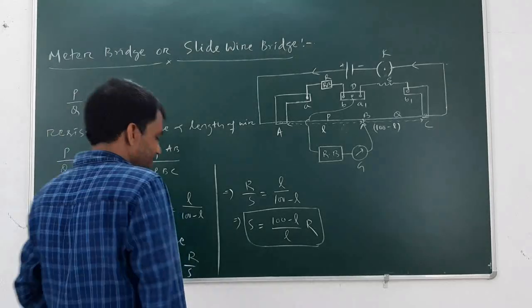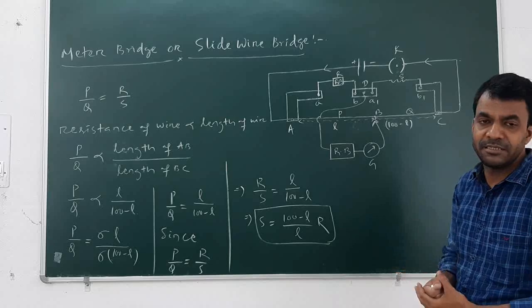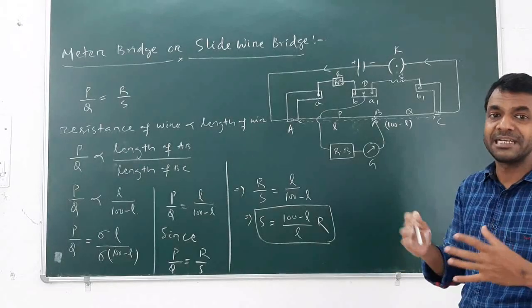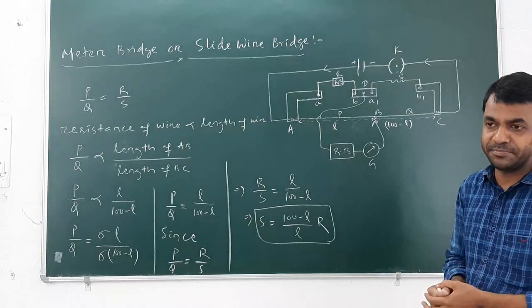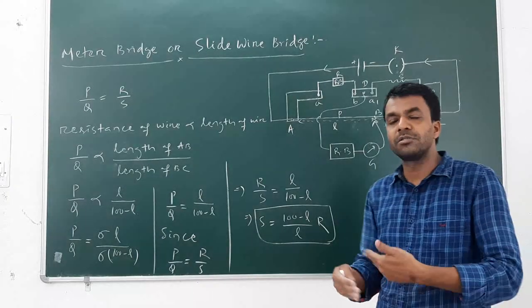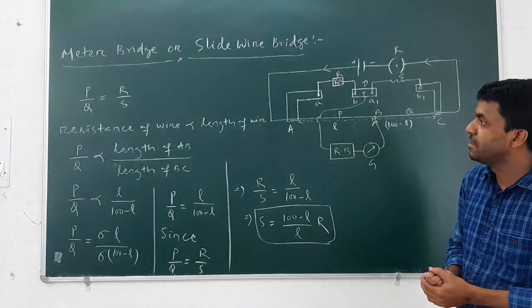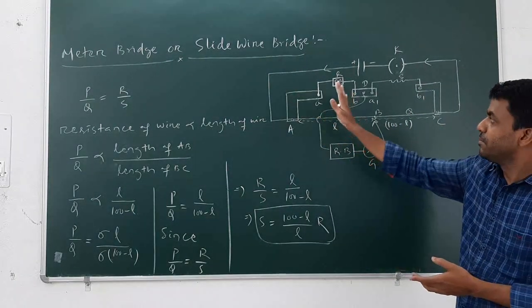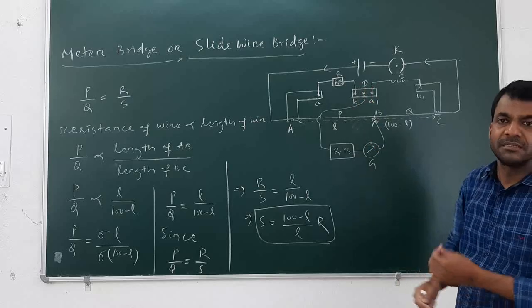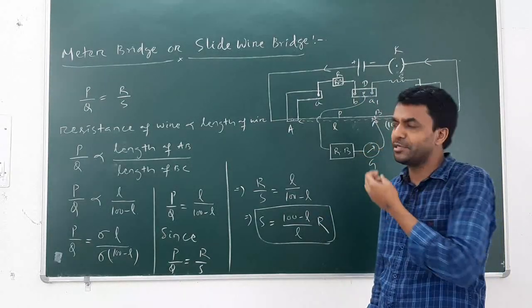Next comes the meter bridge or slide wire bridge. This is one of the practical applications of the Wheatstone bridge, by which we will find out the resistance of an unknown wire. Remember, it is a device and you will do it practically in the laboratory.